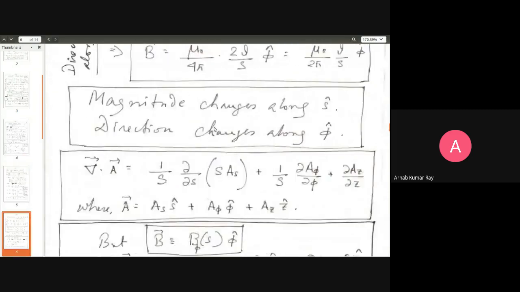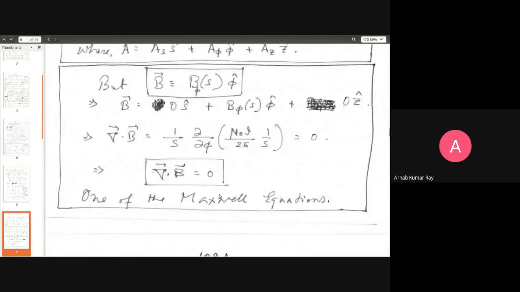Okay, so this is one of the Maxwell equations that you have got. Earlier we had looked at divergence of E, which is equal to rho by epsilon naught, which is Gauss's law of electrostatics in the differential form.